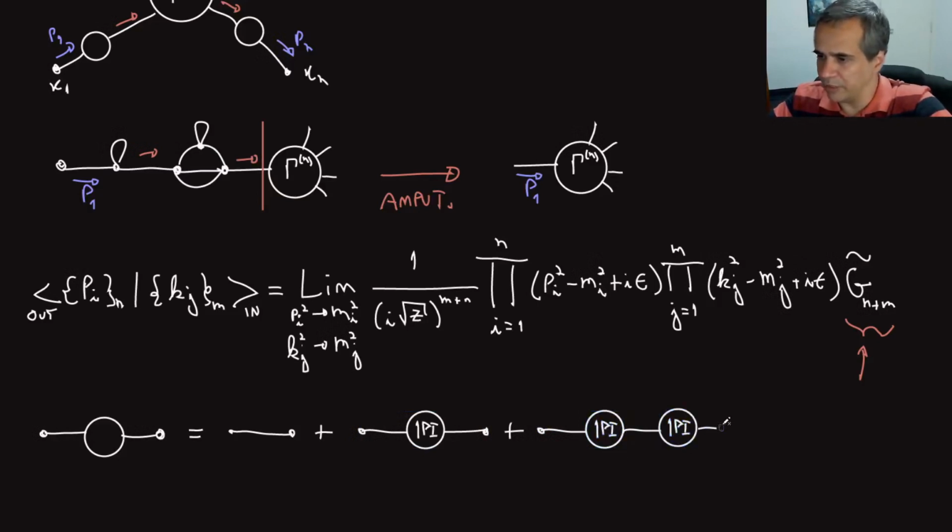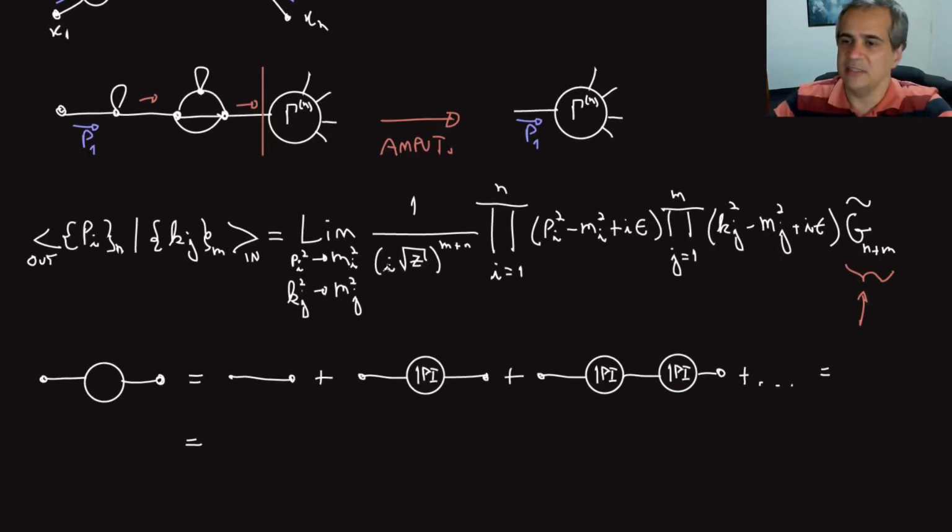It looks something like that, which I can resum, and we have seen the expression for the full thing. The main point here is that since I'm taking this limit, I don't have to know the behavior of the full propagator everywhere. I just have to know its behavior close to these poles. And close to the poles, all that matters is the position of the pole, and I need to know its residue.